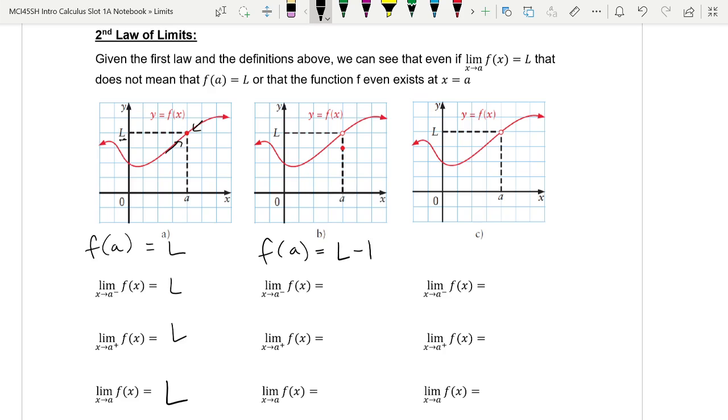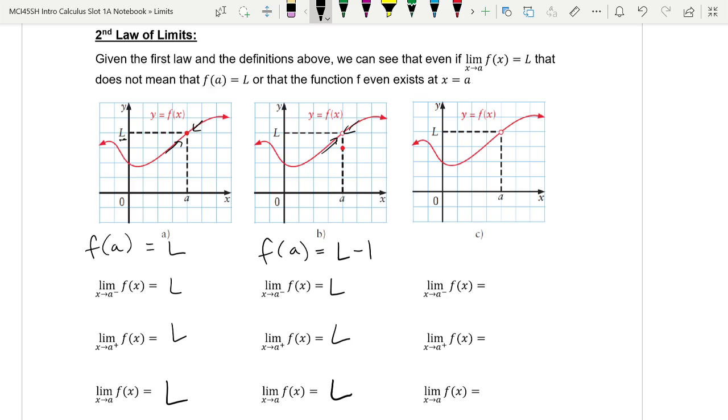Because if this height here is L, this height here is L minus 1. But when I approach this hole from the left, I'm approaching the value L. When I approach this hole from the right, I'm getting infinitely close to L. So even though at the actual point a, when I plug a into the function, I'm going to get L minus 1, the limit is still L.